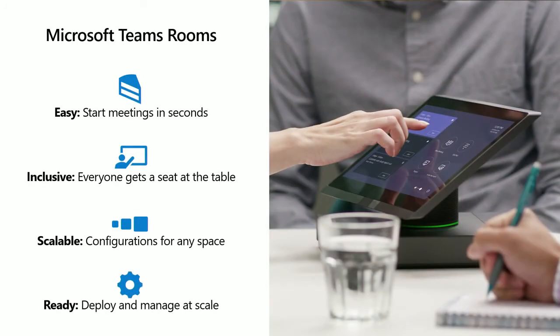As I'm sure you picked up in both Christian and James's discussion, ease of use is paramount for these rooms. People walk into a conference room, they don't want to learn a new thing. They don't want to have to figure out how to start a meeting. So when we started the journey with the product initially, back when we called it Skype Room Systems, about 3 years ago, our focus was squarely on ease of use and fast meeting join.